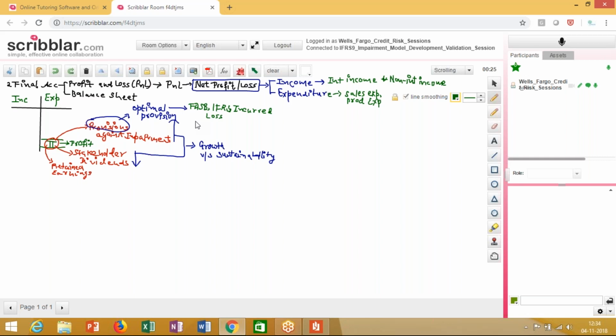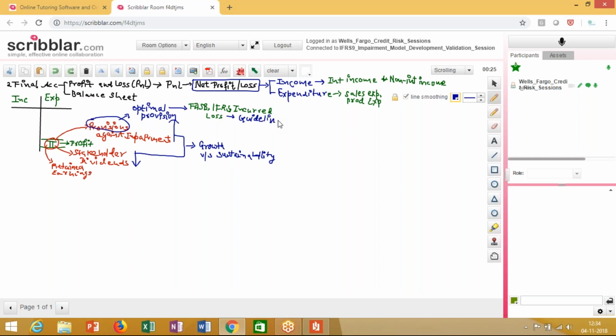Now, what are these incurred loss approach, FASB, and IFRS guidelines? They are nothing but a guideline or a framework suggesting how best provisioning can be done.